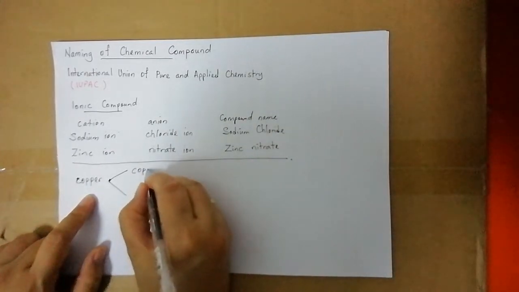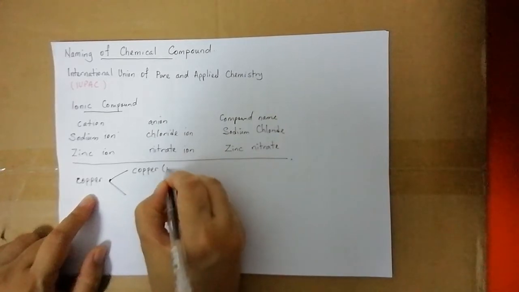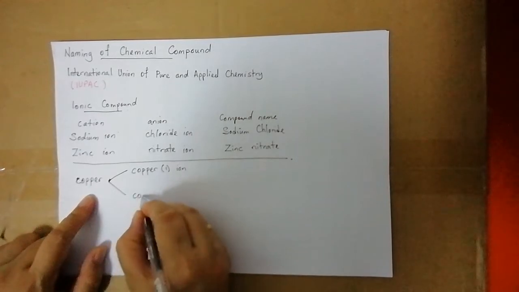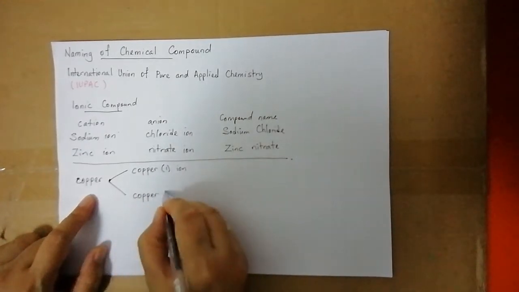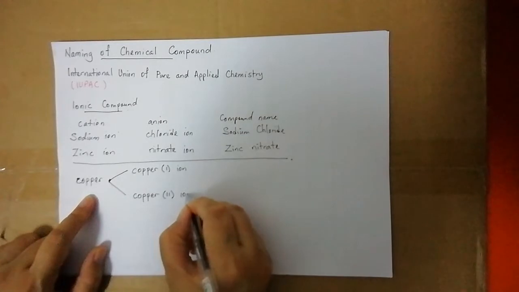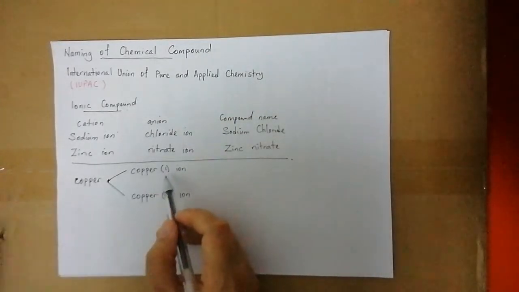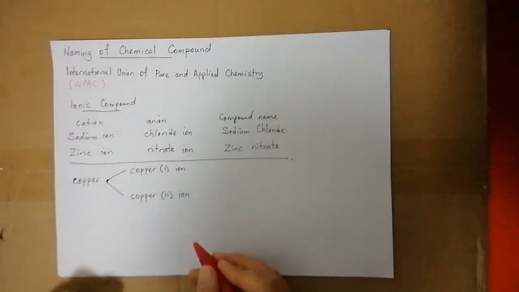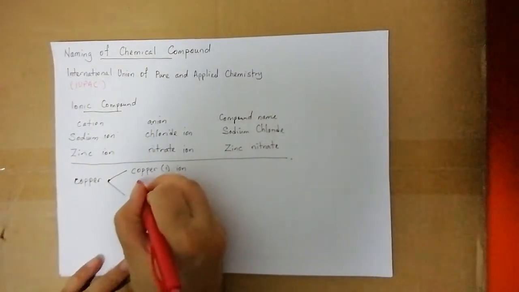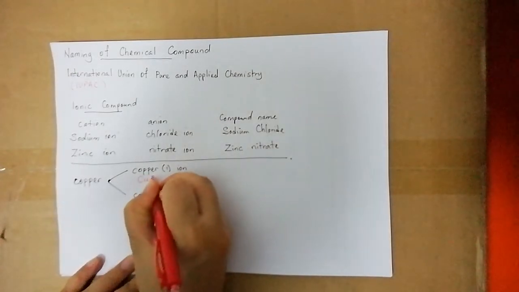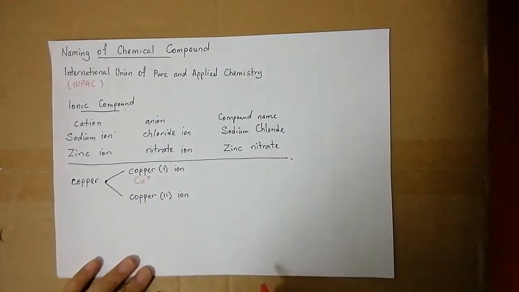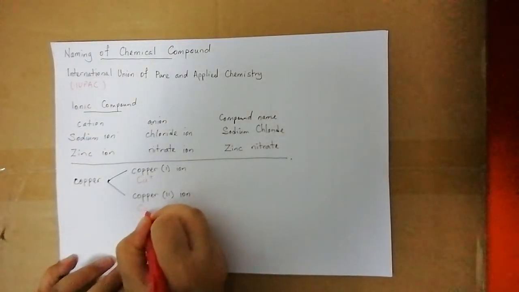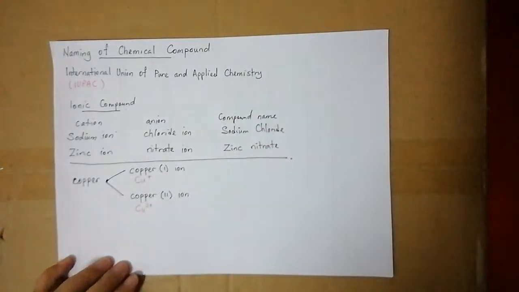The first one is copper(I) ion. The second one is copper(II) ion. The Roman numeral stands for the charge of the ion. So when I say copper(I) ion, the formula is Cu+. If I say copper(II) ion, the formula is Cu2+.